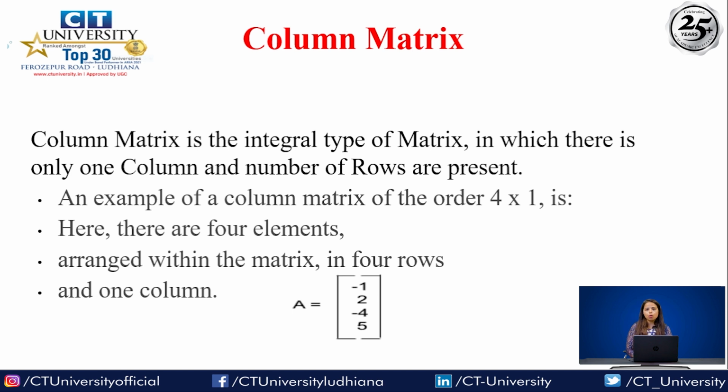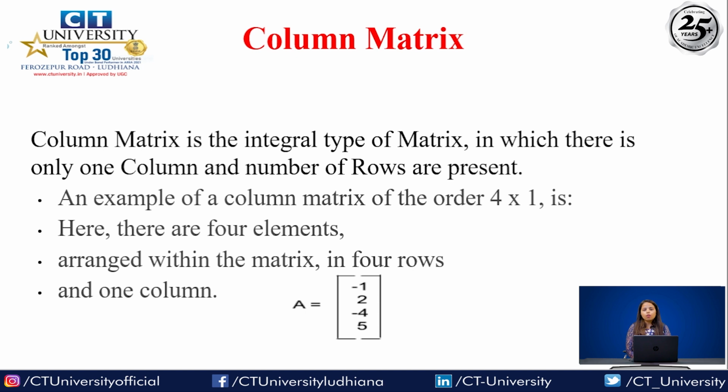Now the second important type of matrix is the column matrix. This is just the opposite of a row matrix. According to the definition, a column matrix is a type of matrix in which there is only one column and any number of rows.